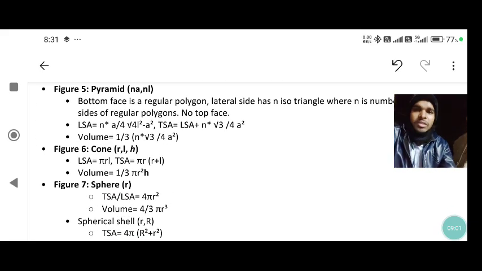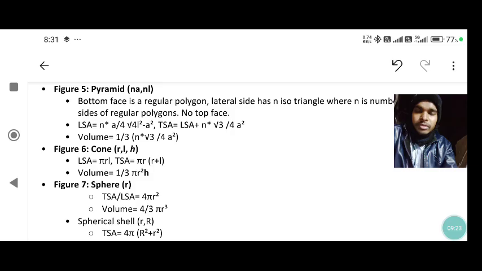So the lateral surface area will be equal to n into the number of triangles around the lateral surface, whose area is root 3 by 4 a square, and n is the number of sides of the regular polygon.